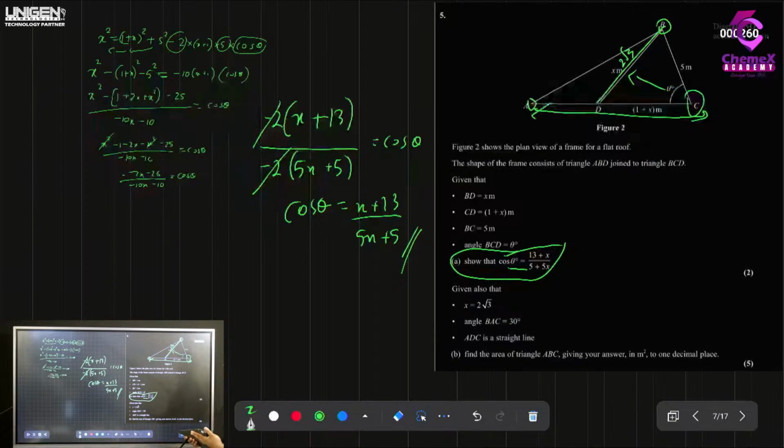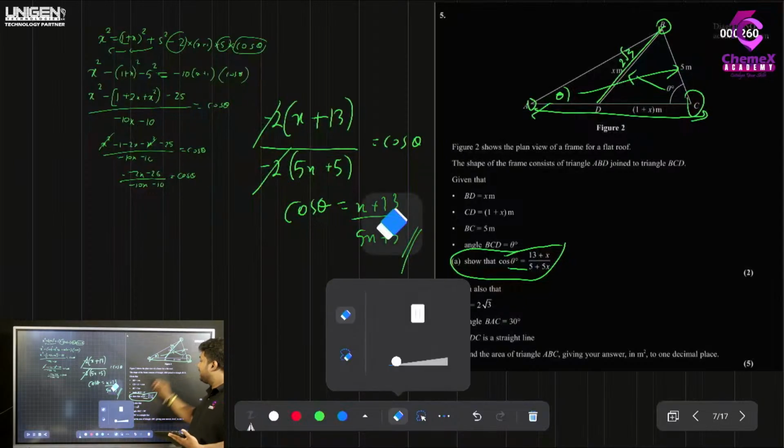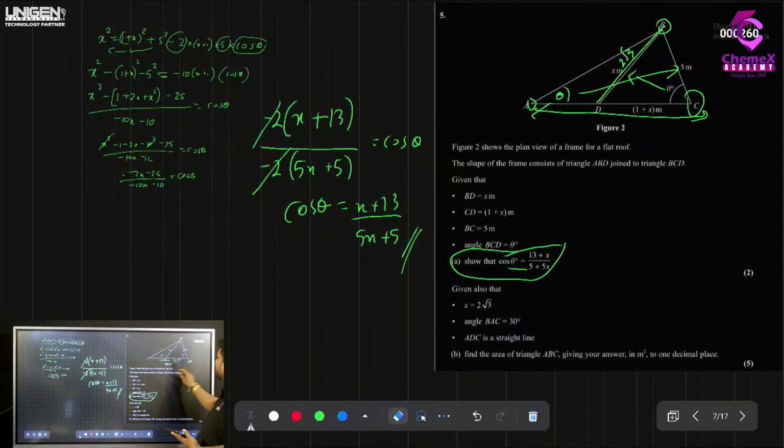Sir, because they have given BAC equals 30, can't we use the sine rule and get the value of another side of the triangle? You ask me to use this angle. Yeah, if you use that, because they have given the length from B to C, then you are using the larger triangle.